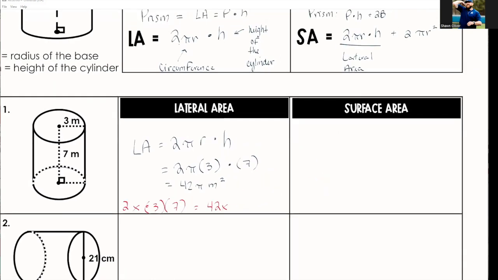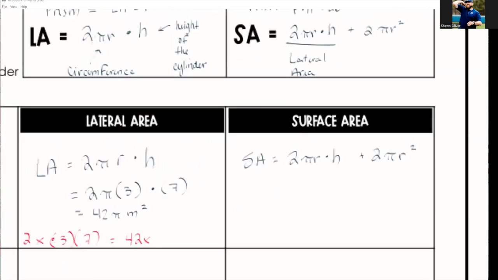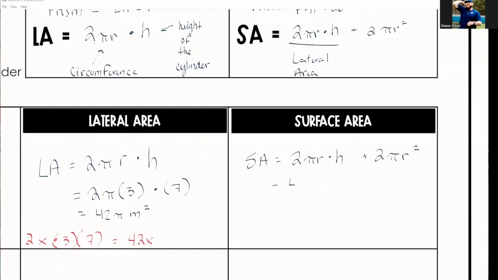Total surface area is that lateral area, 2 pi r times height, plus 2 pi r squared. We know our lateral area is 42 pi. And this one is 2 pi times 3 squared. So we've got to make sure we follow our order of operations. PEMDAS: parentheses, exponents, multiplication, division, addition, subtraction.